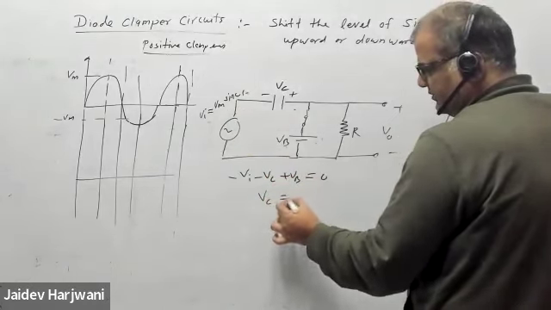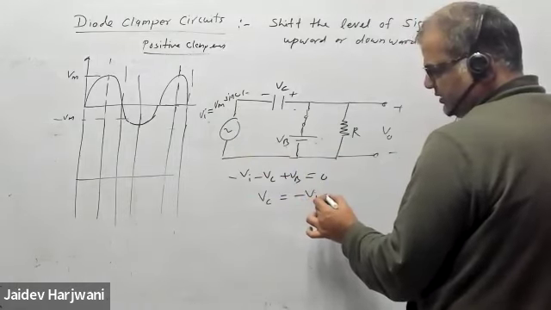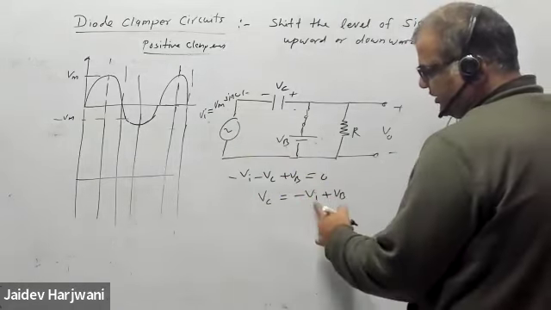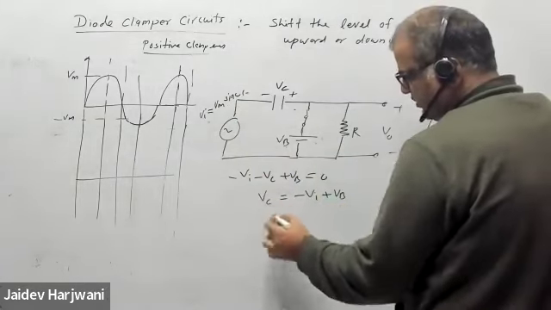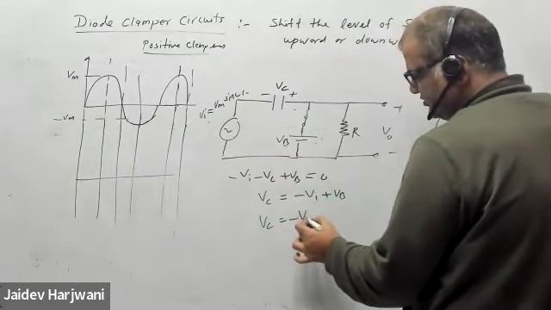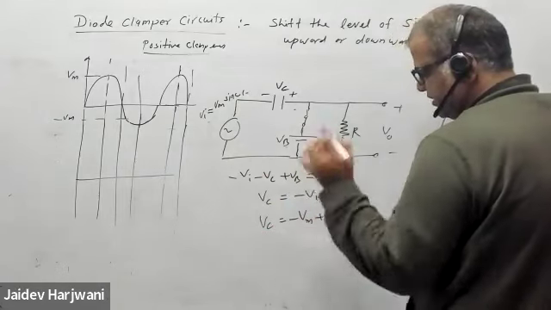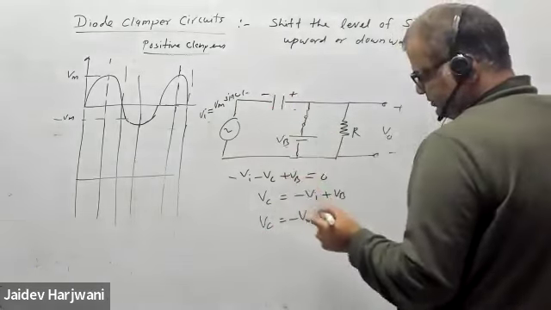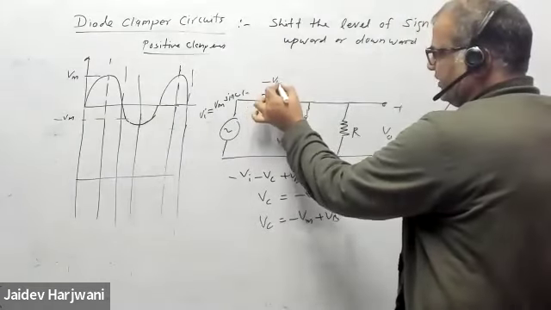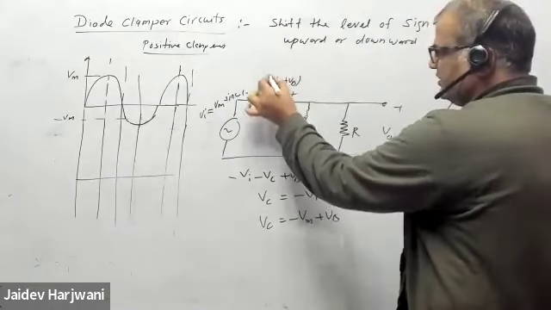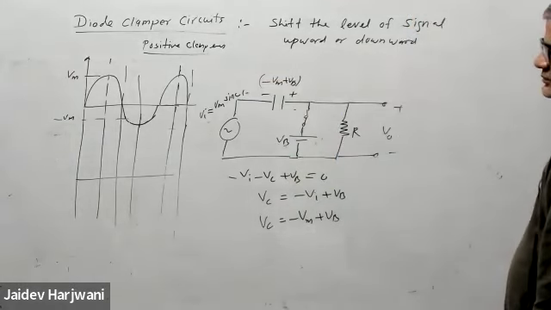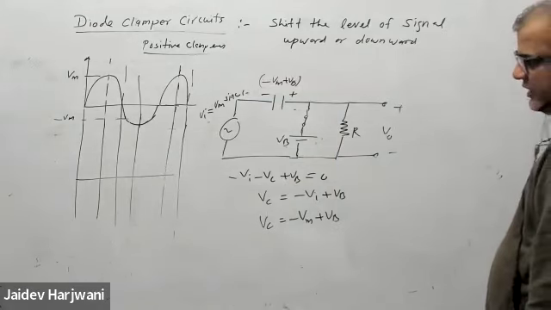So VC will be minus VI plus VB, and you take peak voltage, so VC will be minus VM plus VB. It will charge up to like this. Okay, VC. So now write the output equation.